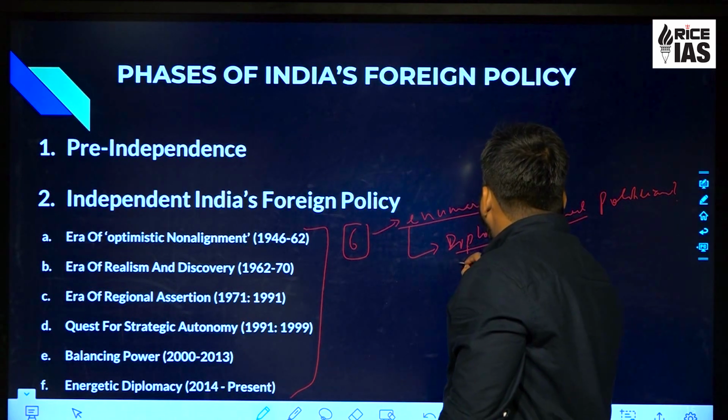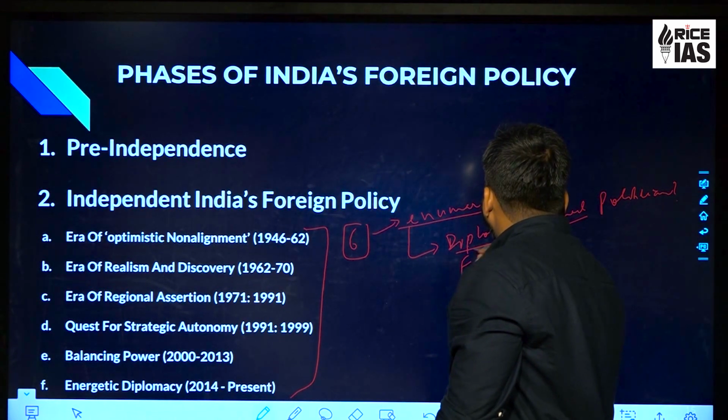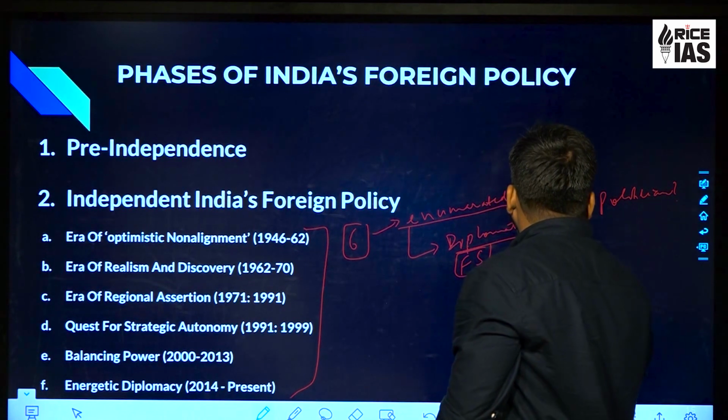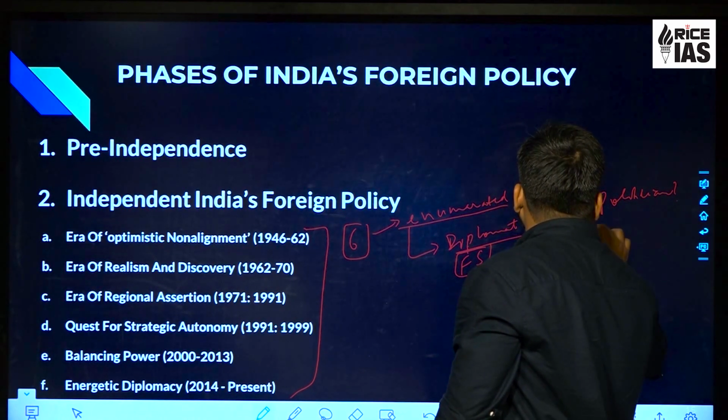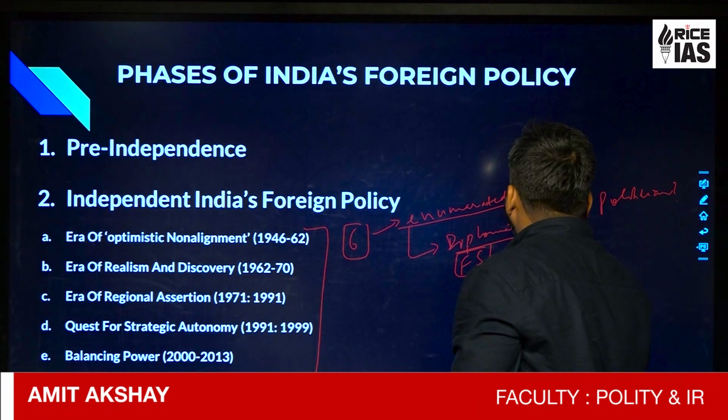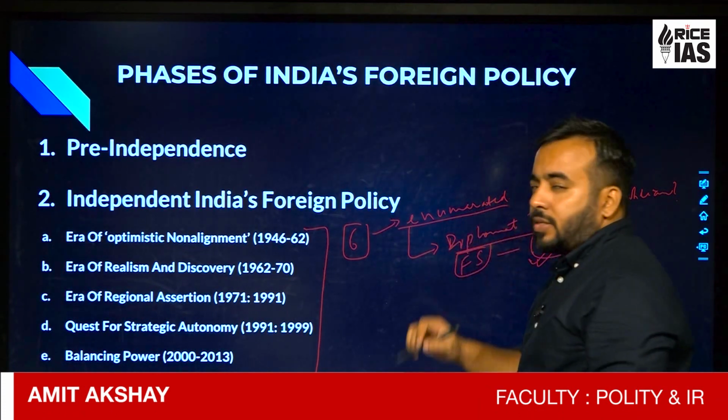Okay, he was the Foreign Secretary of India and now he is the Minister of External Affairs. So this has been enumerated by the current Minister of External Affairs.